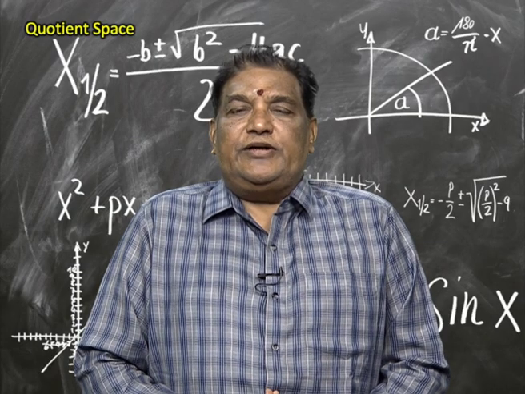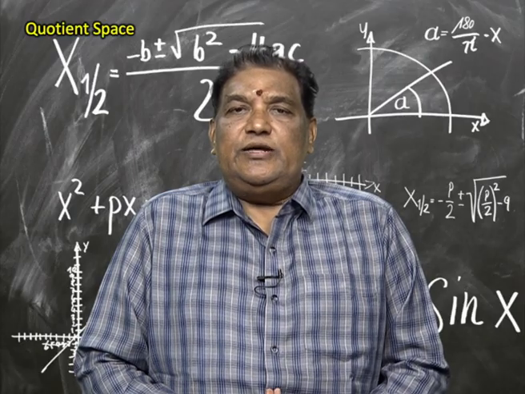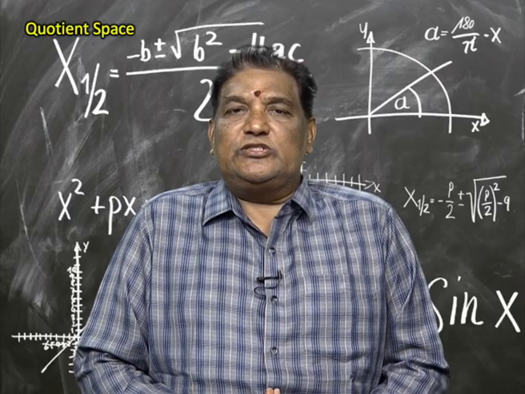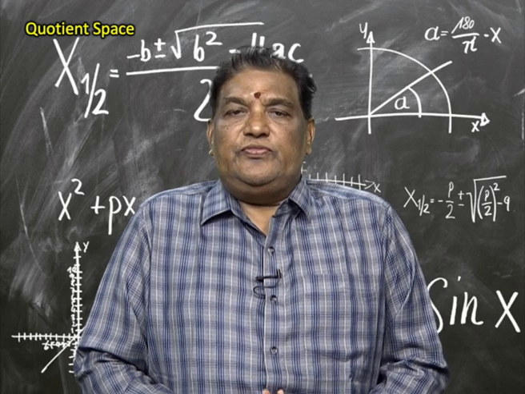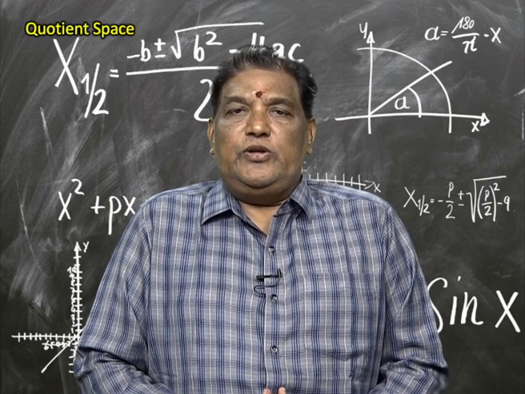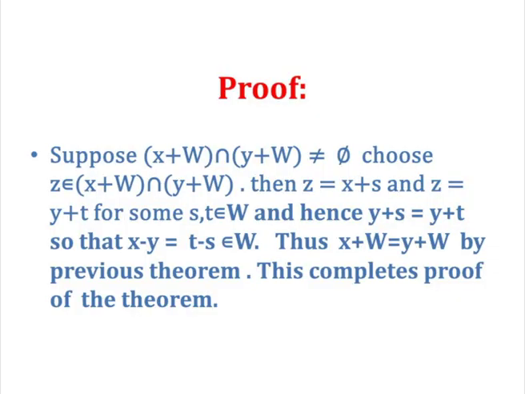So x minus y equal to t minus s, which belongs to W. Thus x plus W equal to y plus W by the previous theorem. This completes the proof of the theorem.